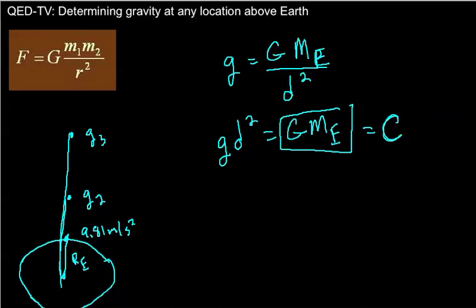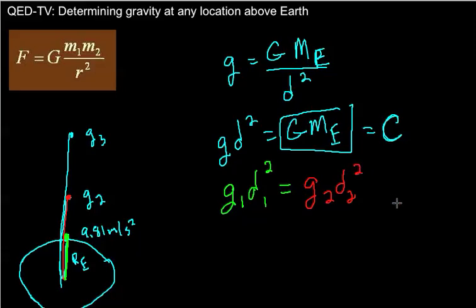Which means I can think of a quick little ratio, because I could have gravity, and we'll call it gravity 1. So gravity at any place times the distance to that place squared. So if I choose gravity here, I'm going to take that gravity times this distance squared. That will equal gravity anywhere else, like right here, we'll call that G2, times the distance out to that place squared, D2 squared.